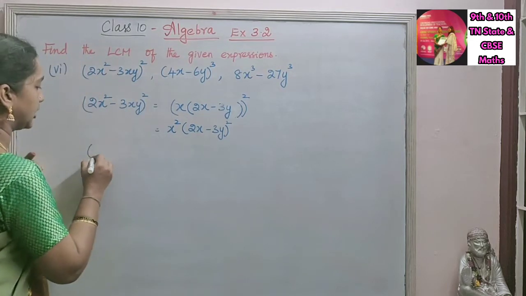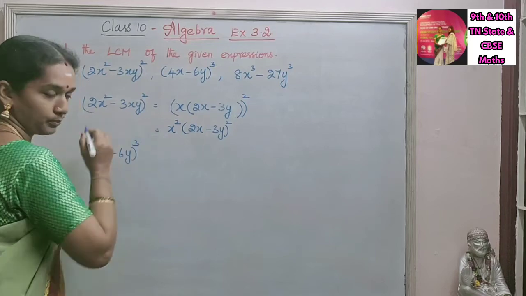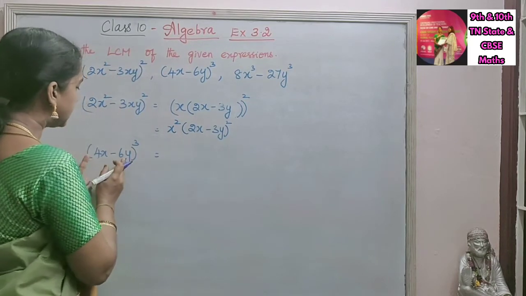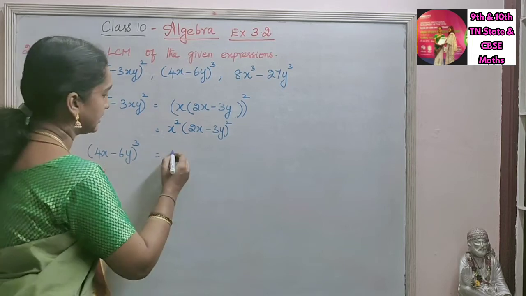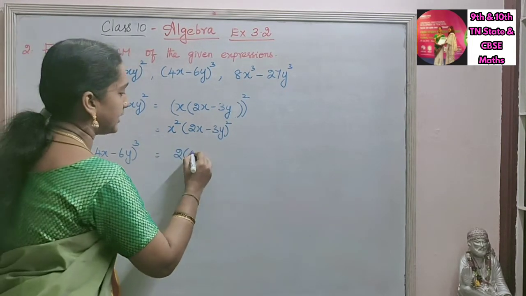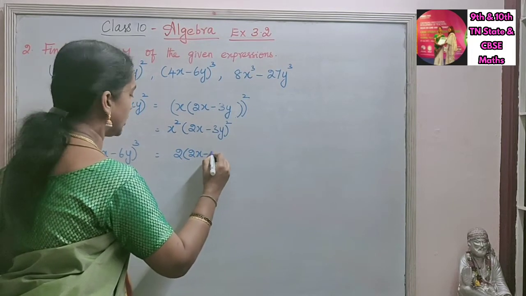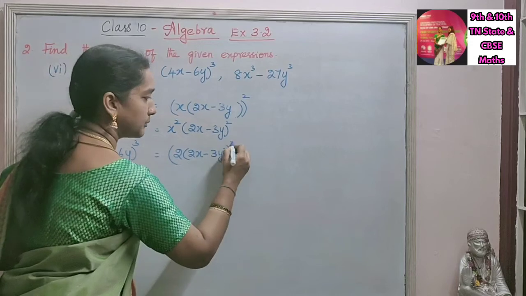Then the second one is 4x minus 6y the whole cube. In this, if I take these two terms inside, I can take 2 common. So the remaining terms are 2x minus 3y the whole cube.